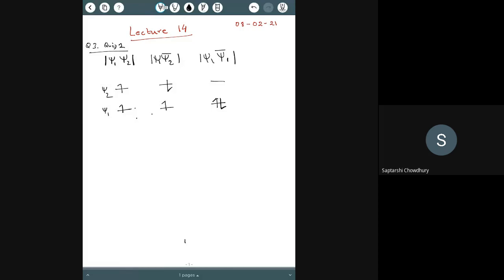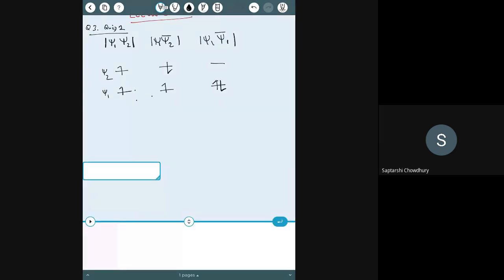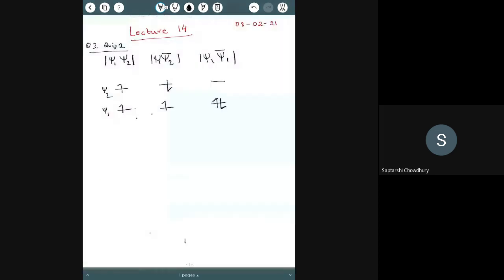So the only information that you need here is that the exchange is considered only for electrons of the same spin. So in the first case, you have the one electron term for each electron, so that is H11 plus H22. And then you have the Coulomb repulsion between them, which is J12.